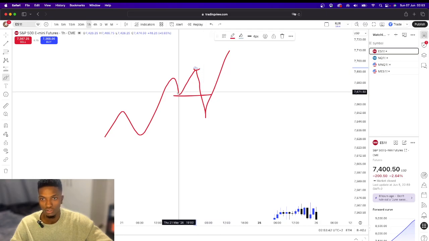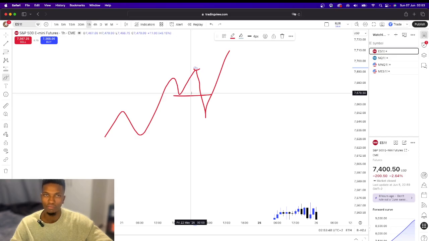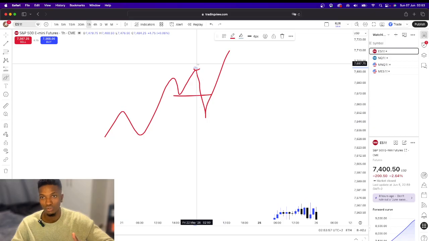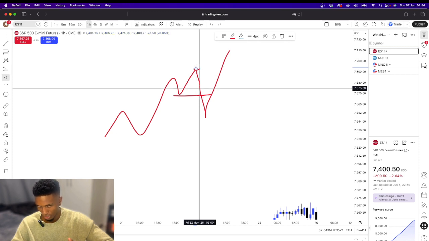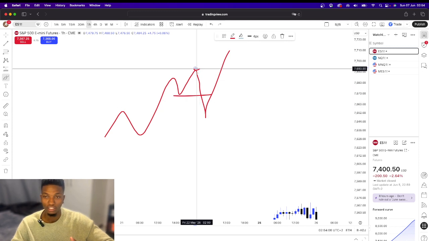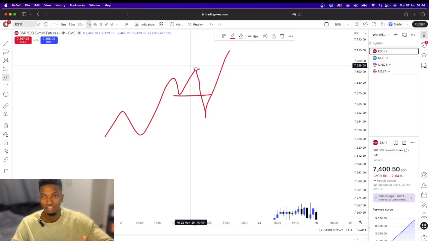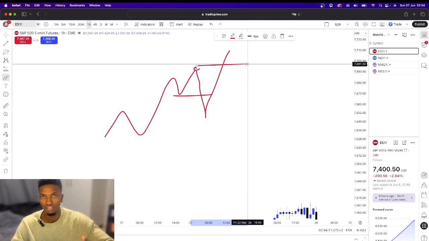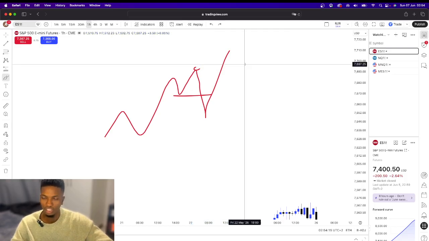This was a break of structure showing a change in order flow or trend from uptrend to downtrend. But because we closed above what was supposed to be our lower high, we pushed past it and broke structure to the upside. Now we are bullish, right? However, I wanted to explain a break of structure.